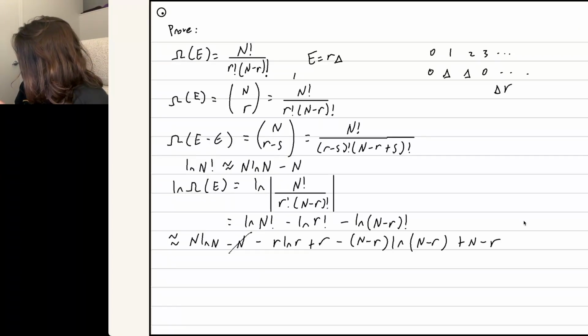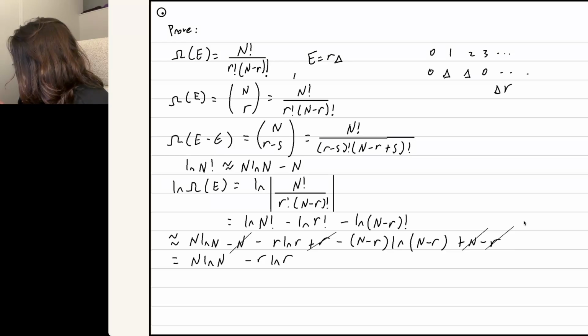Noticeably, this n cancels out this n, this r cancels out this r, and you're just left with the natural log terms, which we're going to then recombine whenever we raise the whole thing back to e, minus n minus r natural log n minus r.